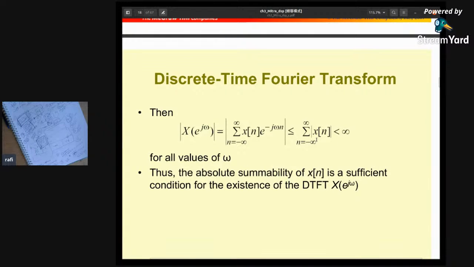For such signals we have DTFT convergence in the uniform sense.